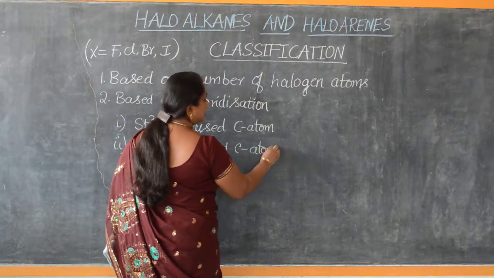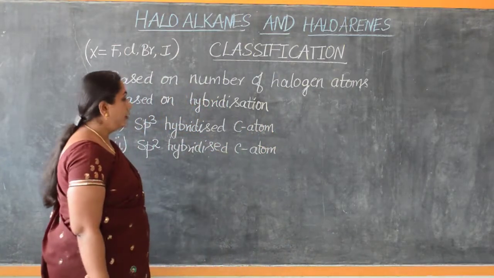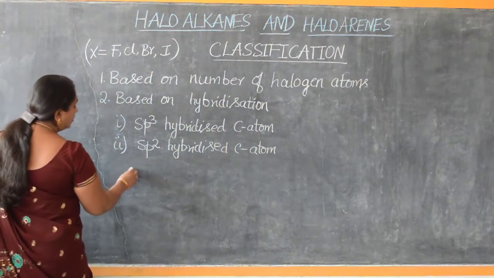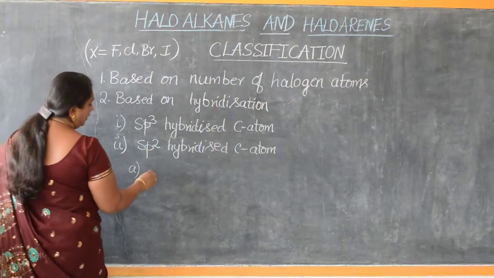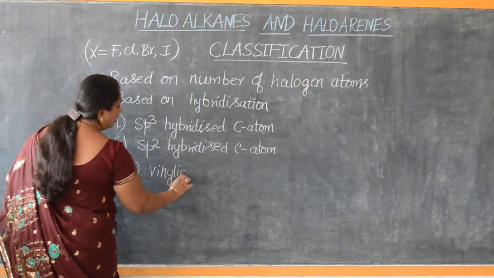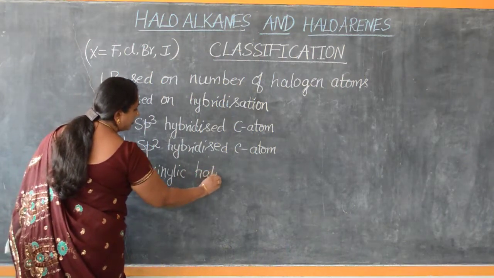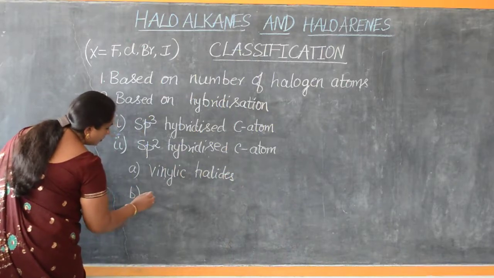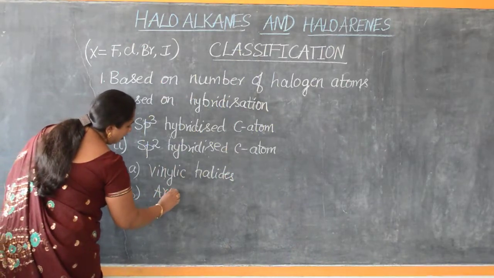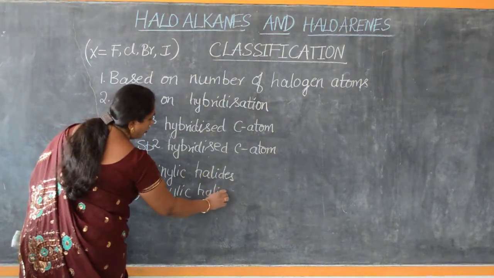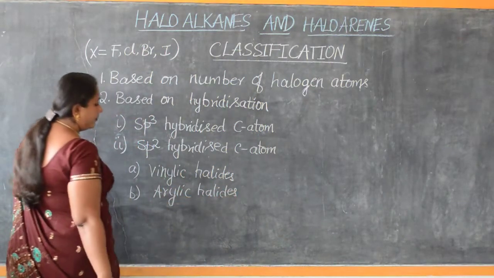This category contains two types in it, namely vinylic halides and arylic halides.